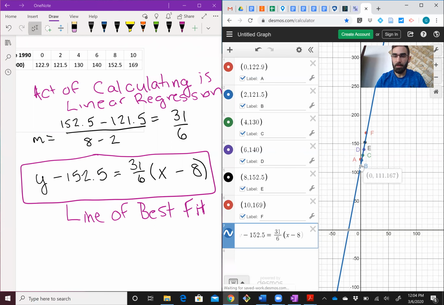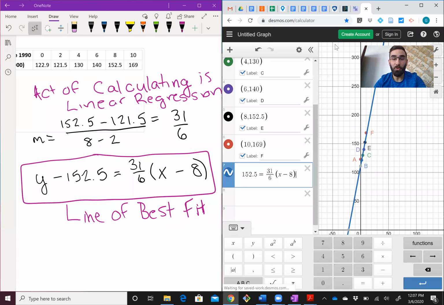Pretty cool. Now, I'm going to teach you something else. We are going to restrict the domain. Now, domain is our possible inputs, which in this case is our possible years.